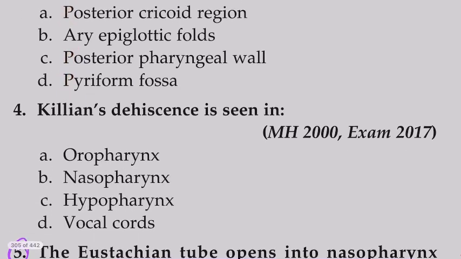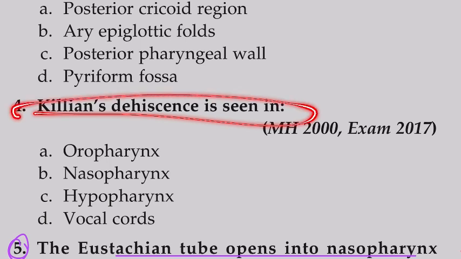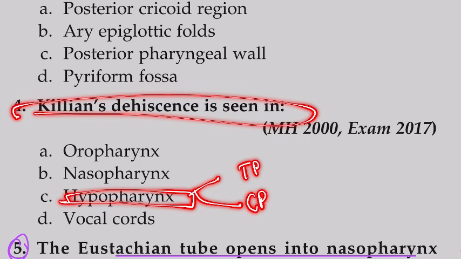Okay, Killian's dehiscence is seen in which? It is seen in the hypopharynx, right? Killian's dehiscence is the gateway of tears, because here we have thyropharyngeus and cricopharyngeus. The inferior constrictor muscle has two parts, thyropharyngeus and cricopharyngeus.